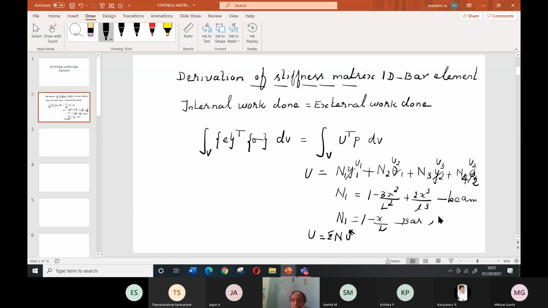Similarly, for the bar element, u is equal to N1 into u1 plus N2 into u2. Have you understood?